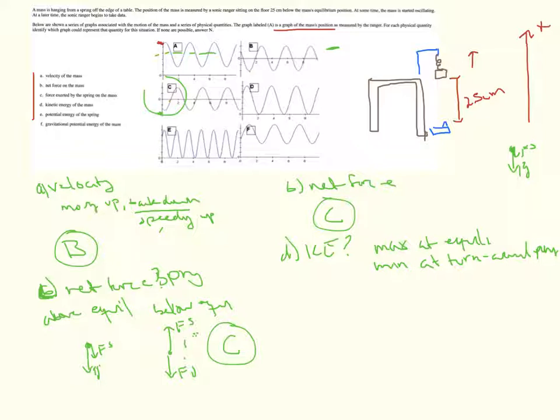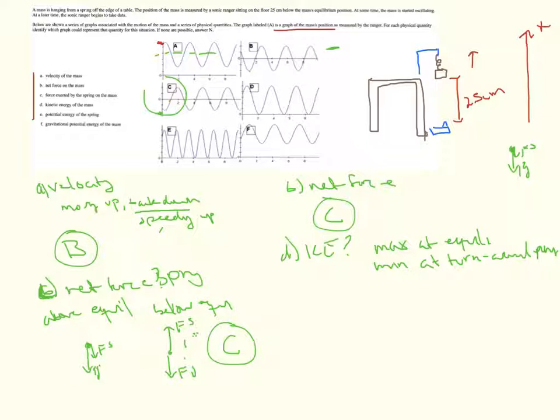So that means I'm looking for something that starts out a little bit positive, but then immediately goes to 0 as it turns around, and then it's going to get bigger on its way to equilibrium. Except it should never be negative because the kinetic energy will always be positive. And so, right, if none are possible, answer none. Oh, so it should be never negative, but it should also cross 0.